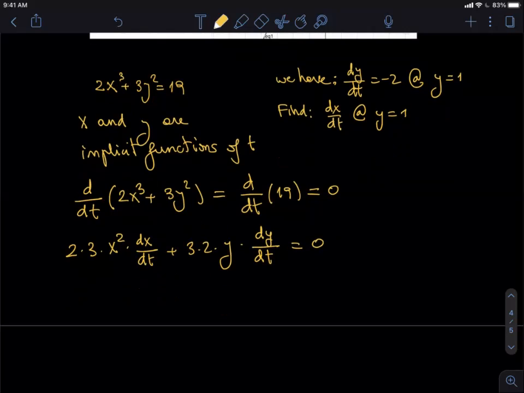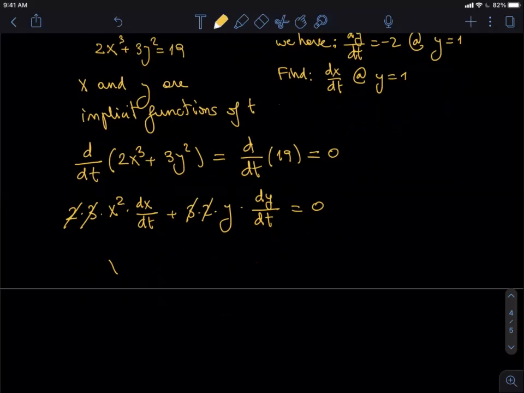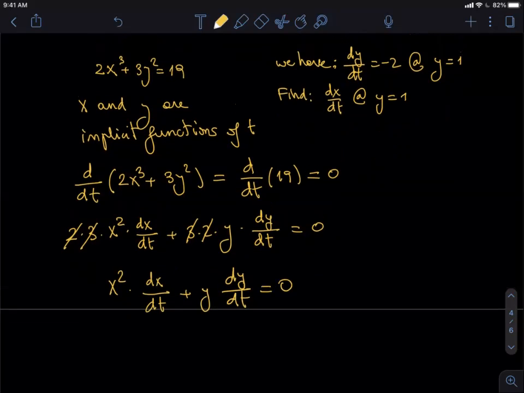Now, because it's equal to 0 and it's multiplied by 6, both of them, I can just get rid of them and I get this relation. x^2 dx/dt + y dy/dt = 0. So this is a relation between the two derivatives that we need to work with.